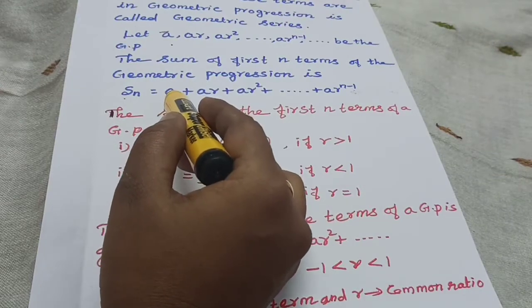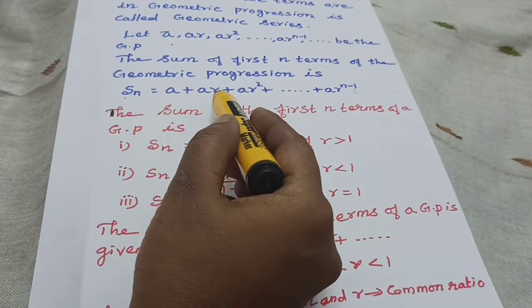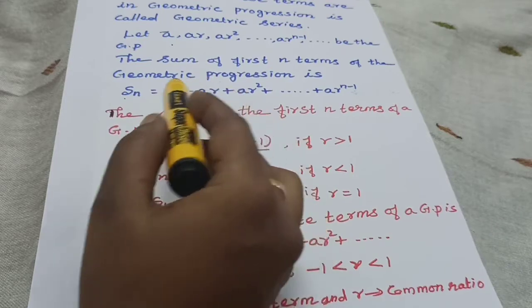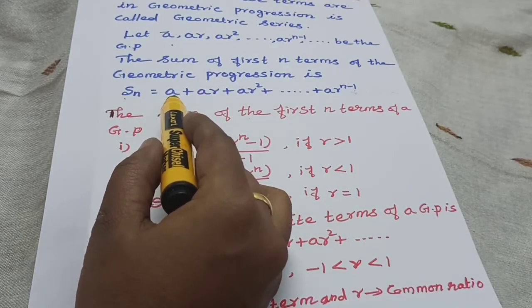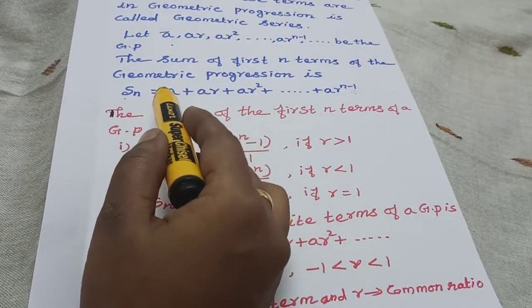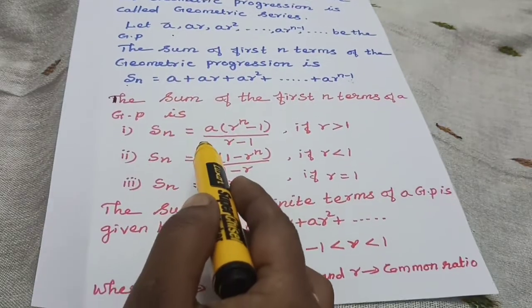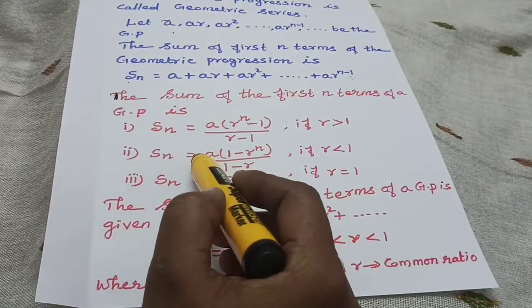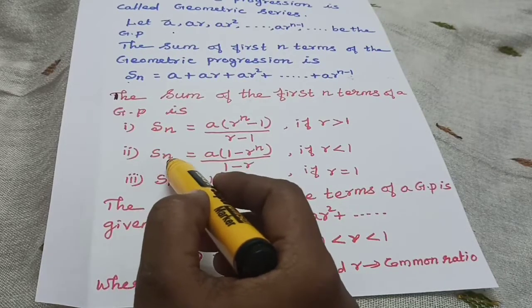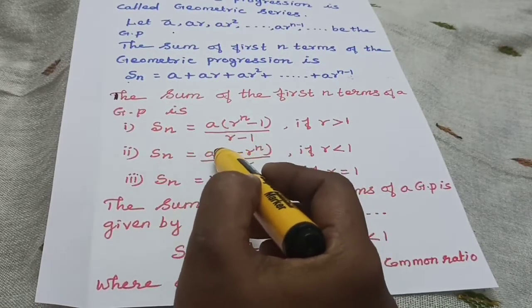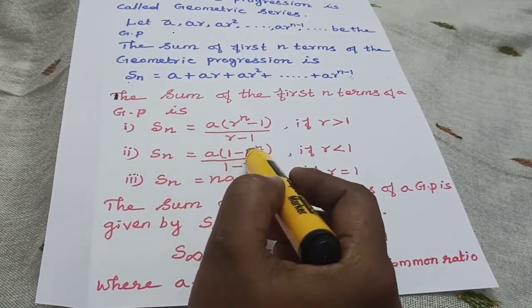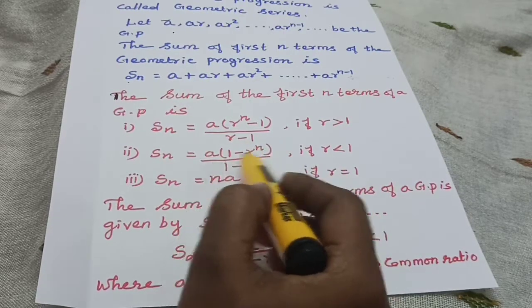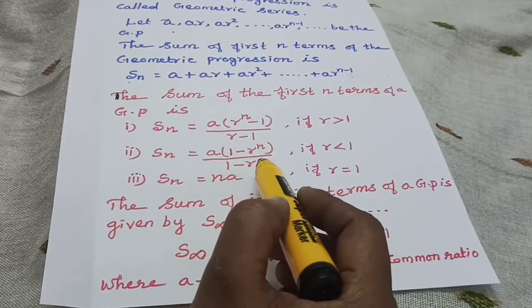How we can find out the common ratio? Second term divided by first term. And second one, sum of the first n terms Sn is equal to a into 1 minus r power n divided by 1 minus r.